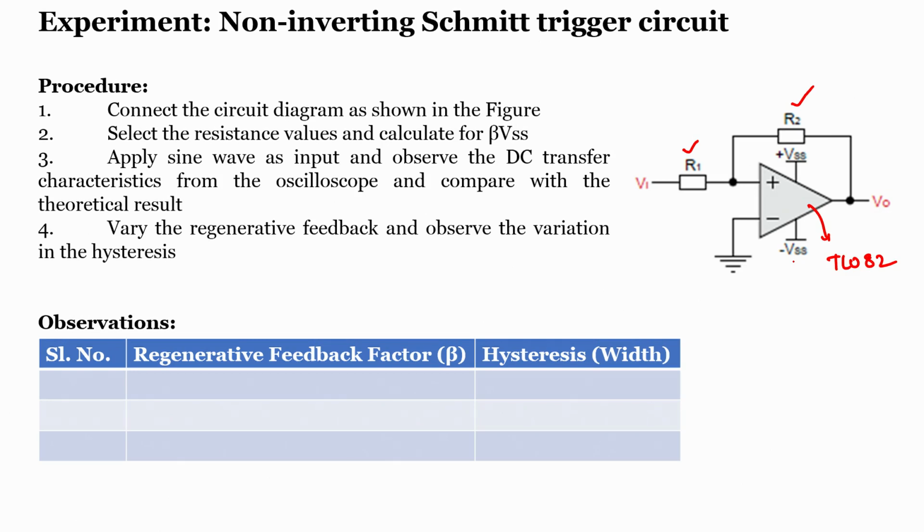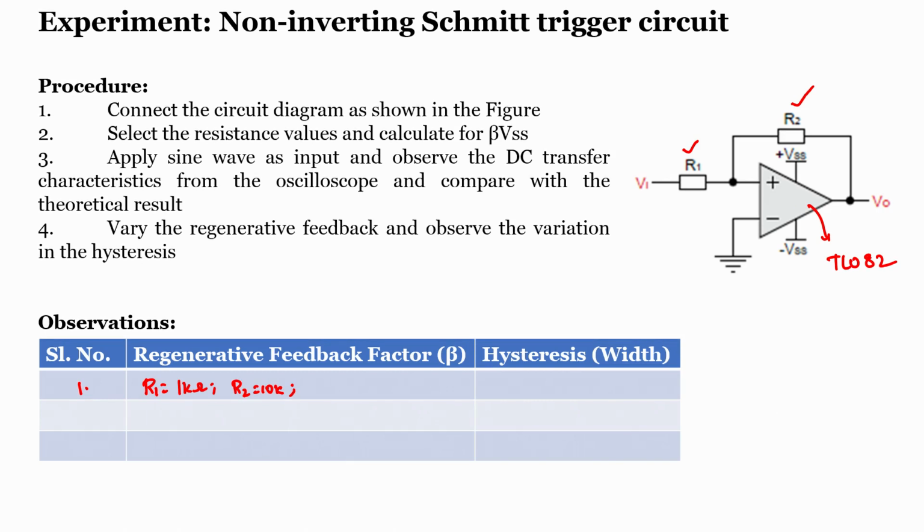For the chosen resistance values of R1 and R2, we will calculate beta and then calculate the higher threshold and lower threshold values too. Initially we will choose the resistances as 1K and 10K. So, I will say R1 is equal to 1 kilo ohm, R2 is equal to 10 kilo ohm.